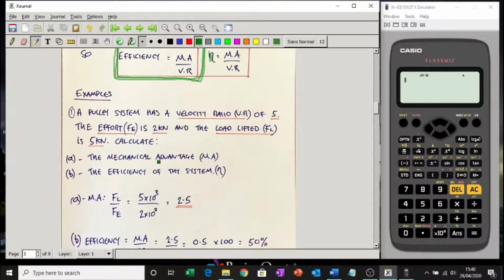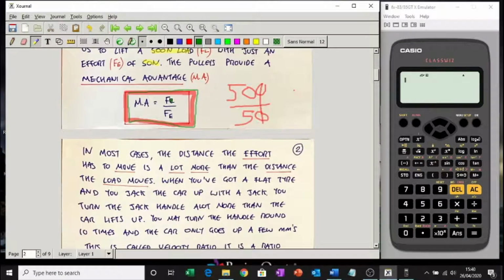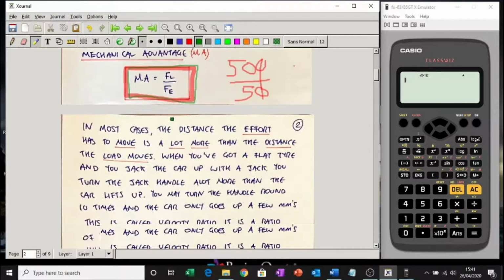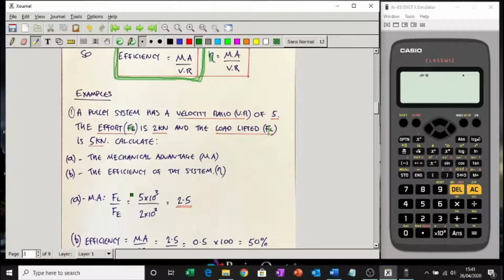So mechanical advantage we know is FL, the force of the load, over the force of the effort. So FL over FE. We've got FE there and we've got FL. So FE is 2 and FL is 5. So MA is FL over FE, so it's 5 over 2, because the load is 5 kilonewtons and the effort is 2 kilonewtons.